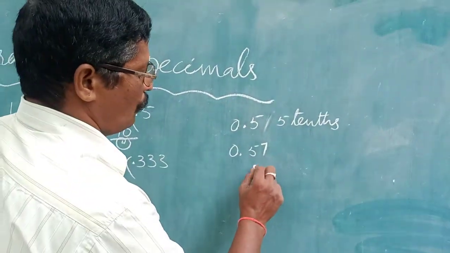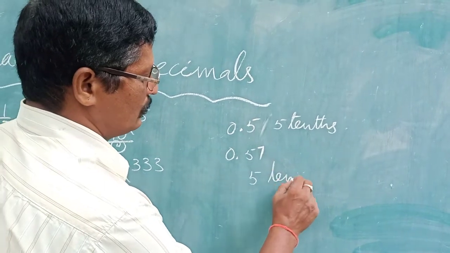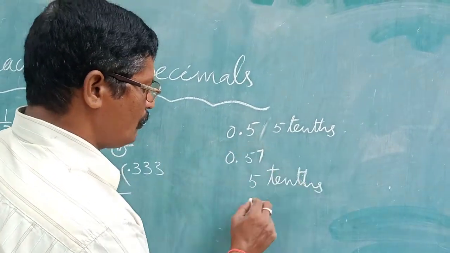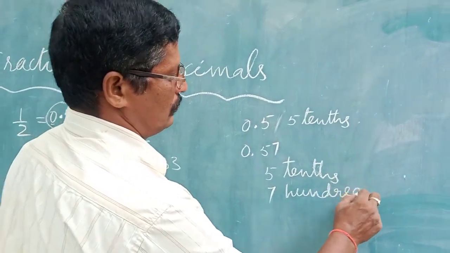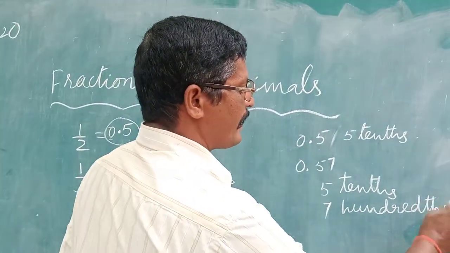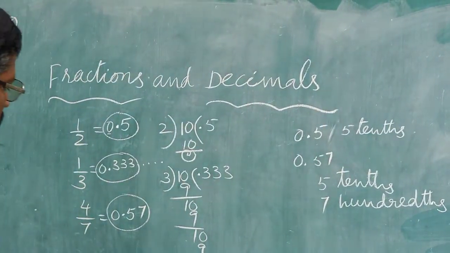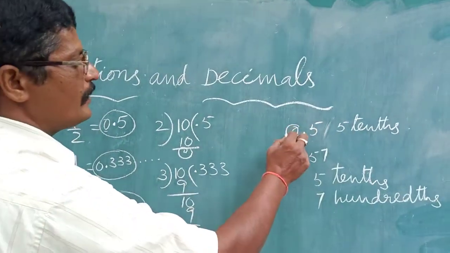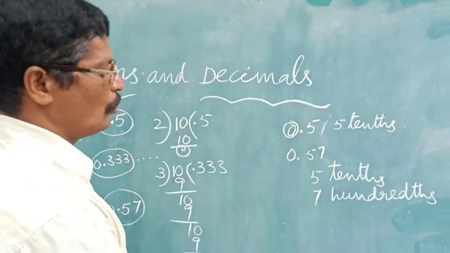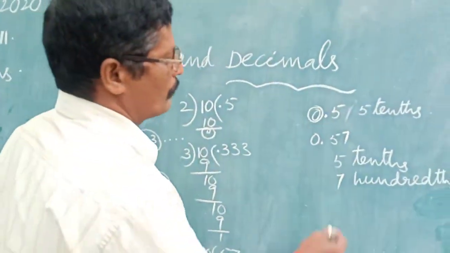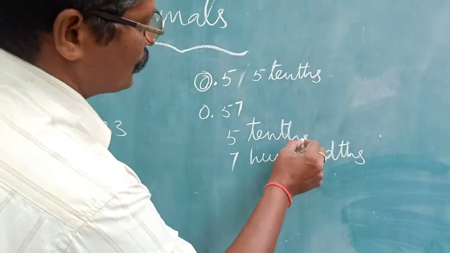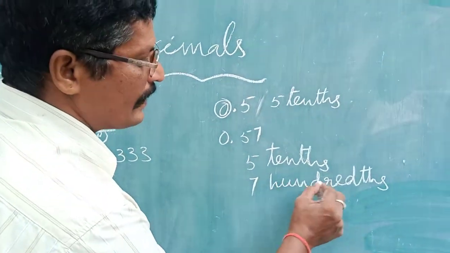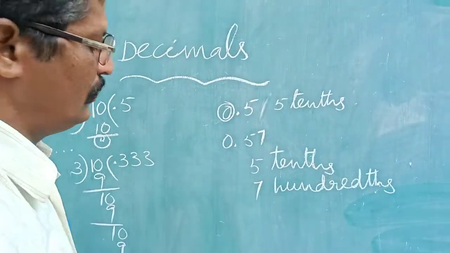Here 5 is 5 tenths and 7 hundredths. The left part is 0 or 1 or whatever it may be, but the right side part is called 5 tenths, 7 hundredths. Right, like this.